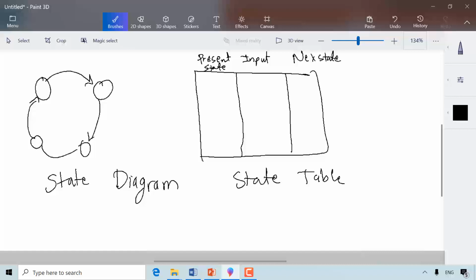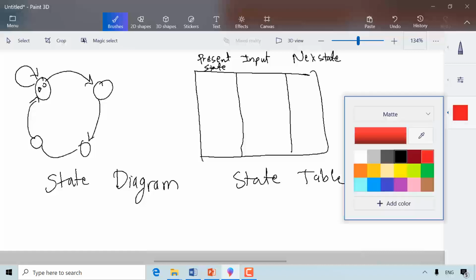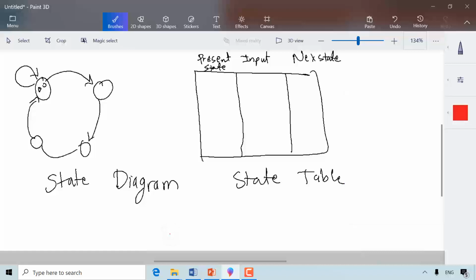So for example, let's take state 0, 0 as an example. Suppose state 0, 0 has an input of 0 and an output of 0. And let's say it goes to state 0, 1 under an input of 1 and an output of 1.